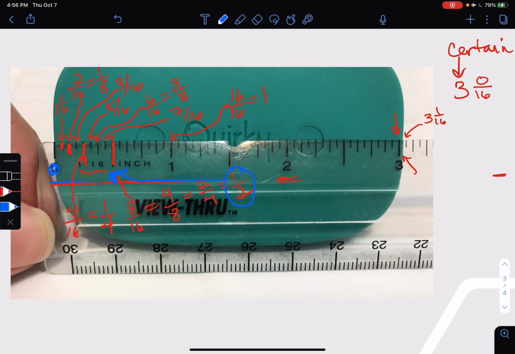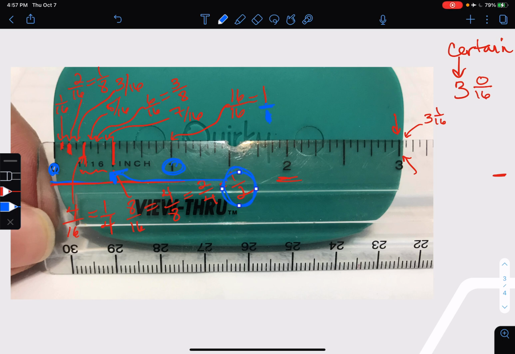And we have 1 inch right here. Now, 1 can also be written as 1/1. Half of 1/1 is 1/2.